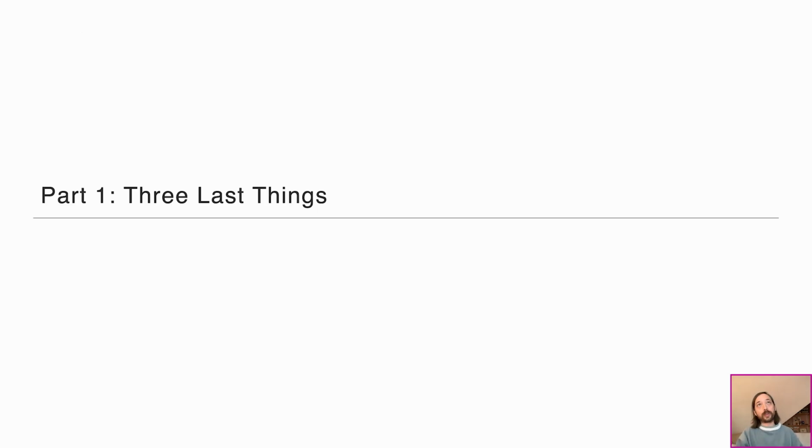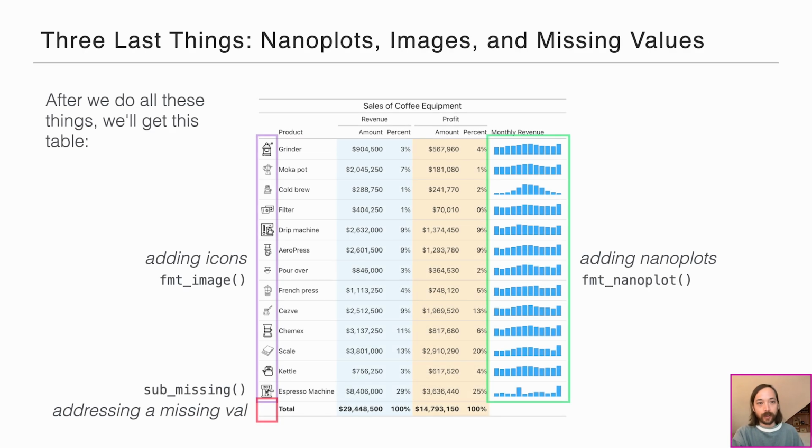So we went through structuring, formatting, and styling. There are just 3 last things that aren't so much Great Tables concepts as things we think are super exciting that we wanted to emphasize. These things are nanoplots, images, and dealing with missing values. After we apply these things, we get this neat version of the table.